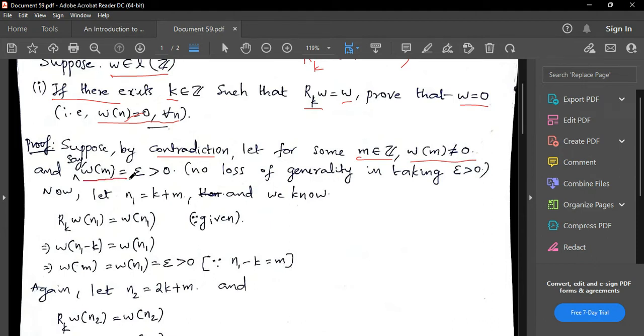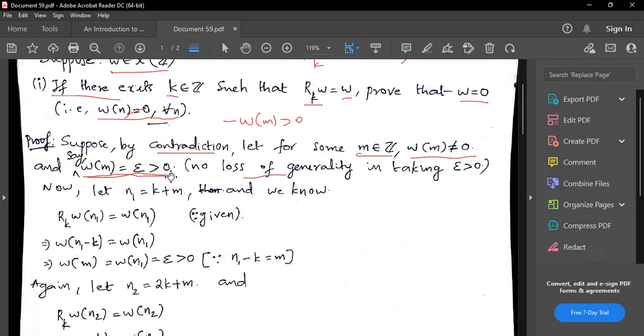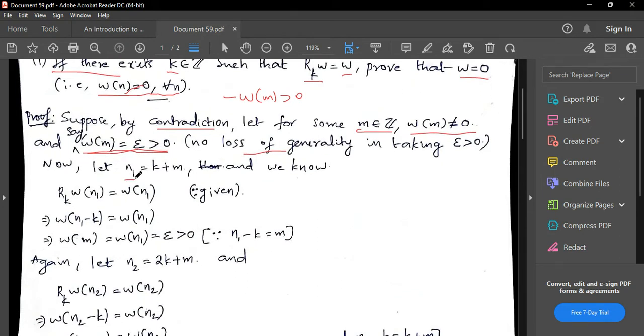Suppose that w of m is positive; if negative, you can prove the result for minus w, since minus w of m will be positive. Without loss of generality, we can take w of m equal to a positive number epsilon greater than 0, and set n1 equal to k plus m.